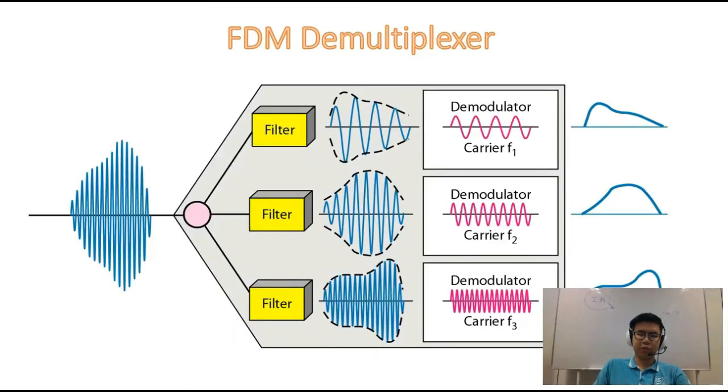And then after transport to the destination, the FDM demultiplexer will separate the link back into their own carrier frequencies through filters, and they will be separated back into their own analog signals.